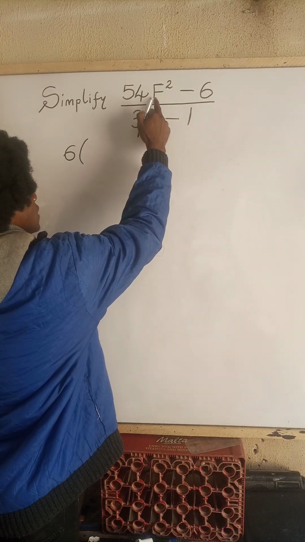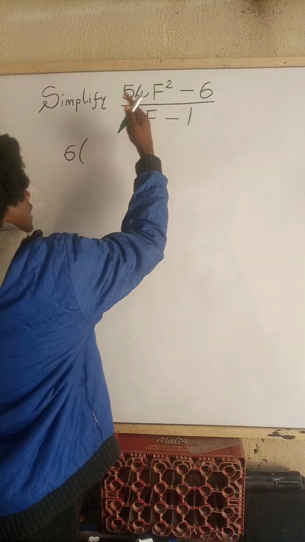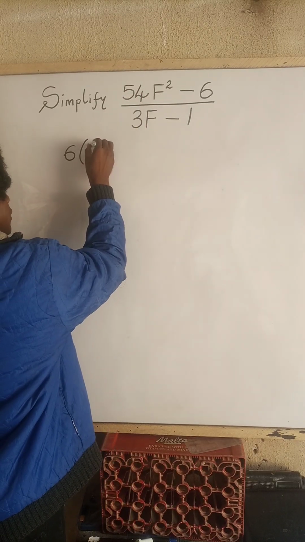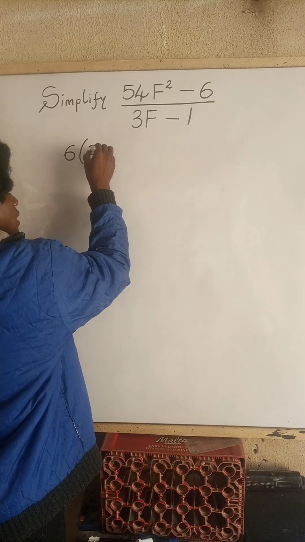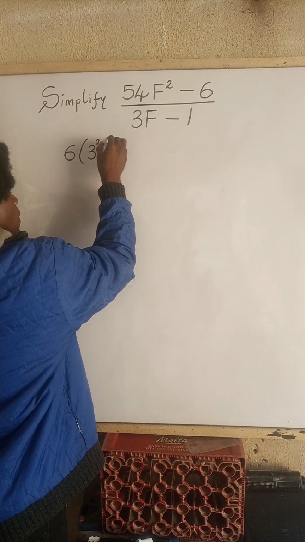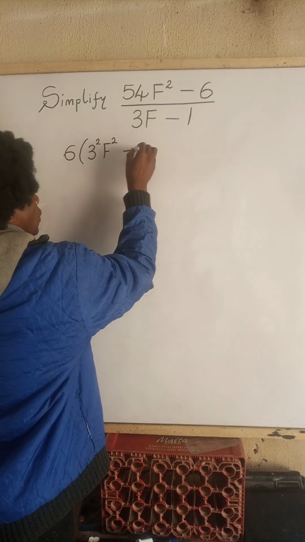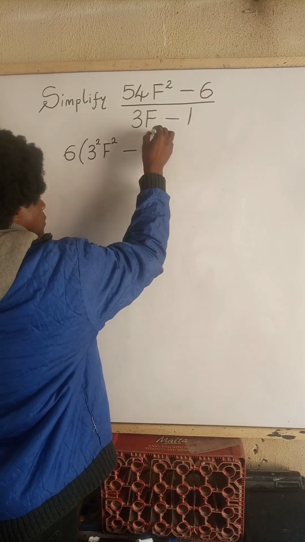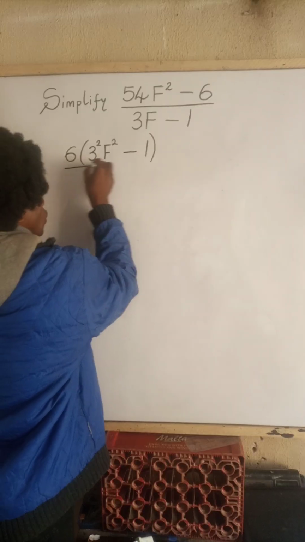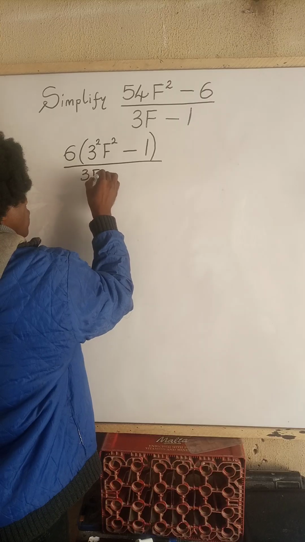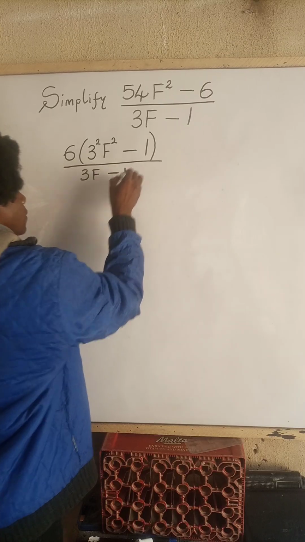Since this f is raised to power 2, let us express that 9 in this form as well, which is 3. 9 is the same thing as 3² f², minus 1, all over the denominator, 3f − 1.